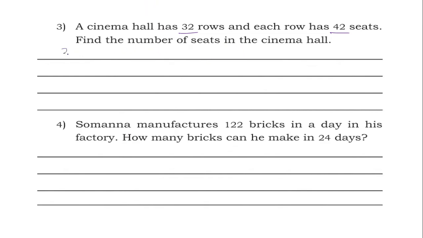Just multiply 32 into 42. 2 twos are 4. 2 threes are 6 plus 4 twos are 8. 4 threes are 12. Add all these. 4. 6 plus 8 is 14. 4 carry 1. 2 plus 1 is 3, 1.